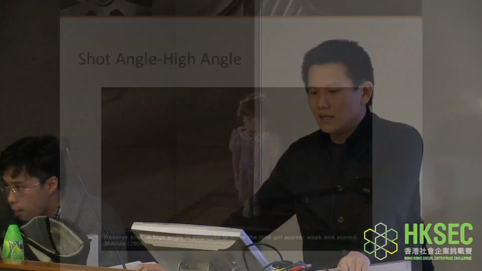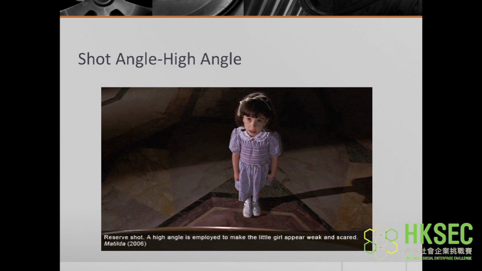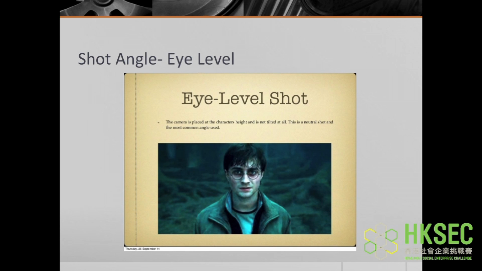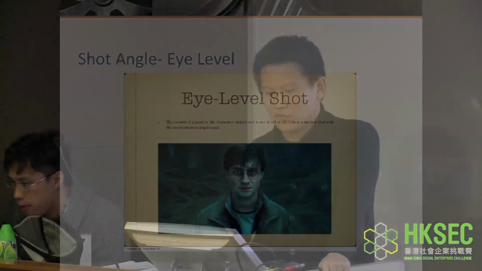After the shot types, it's about the shot angle. You can shoot something in high angle, low angle, and normally we shoot something at eye level. There's no special meaning behind the shot you want to describe.